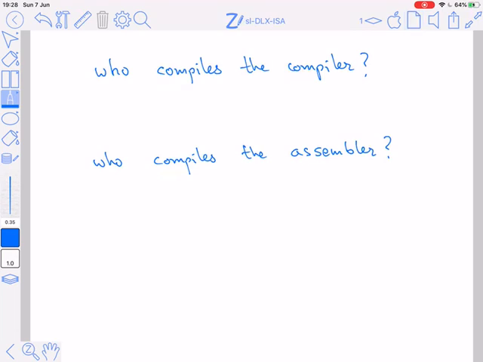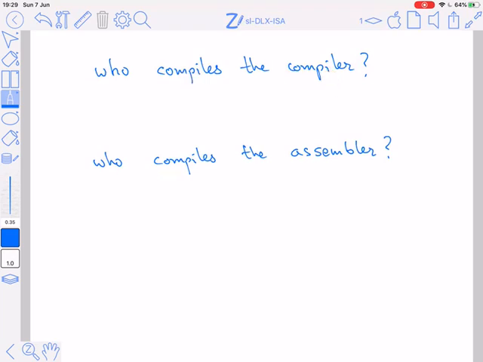Okay, now of course, what I just described here gives rise to two questions. The first question: who compiles the compiler? Because the compiler is a program that runs on the computer, and the computer can only execute programs in machine language. So who compiles the compiler?